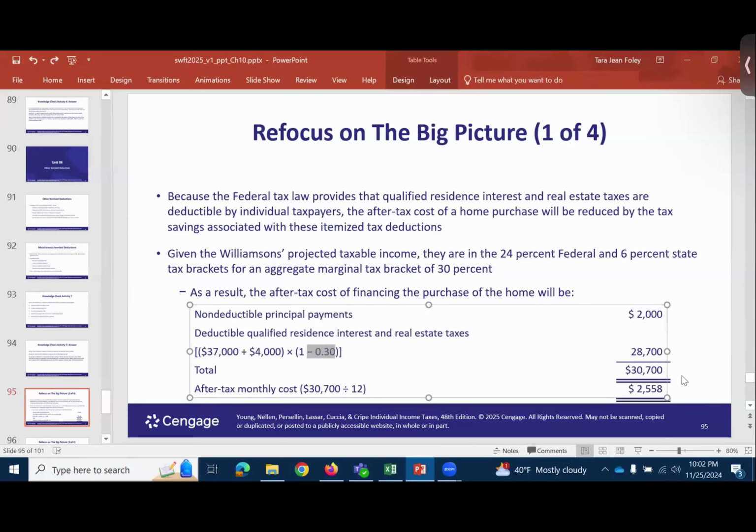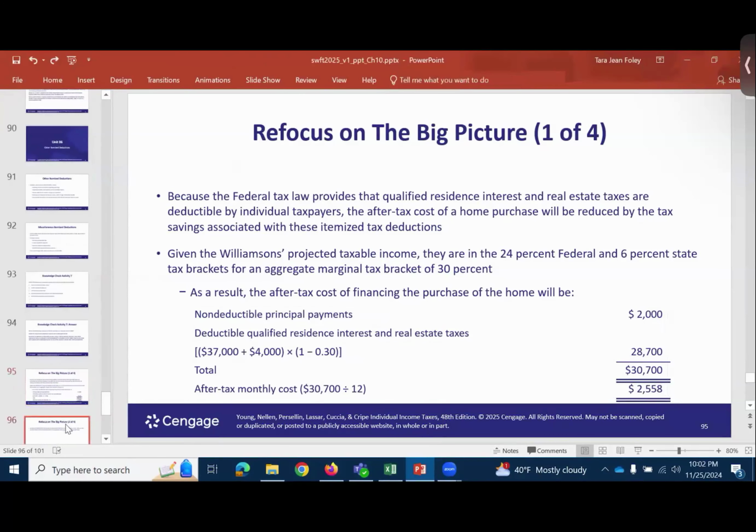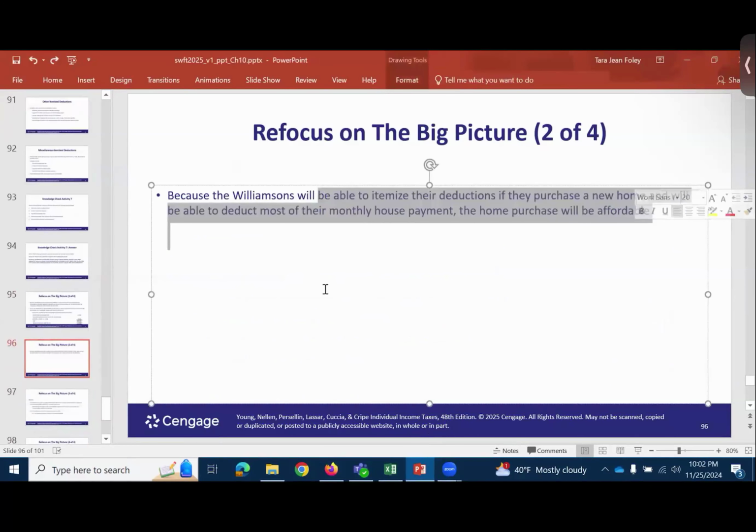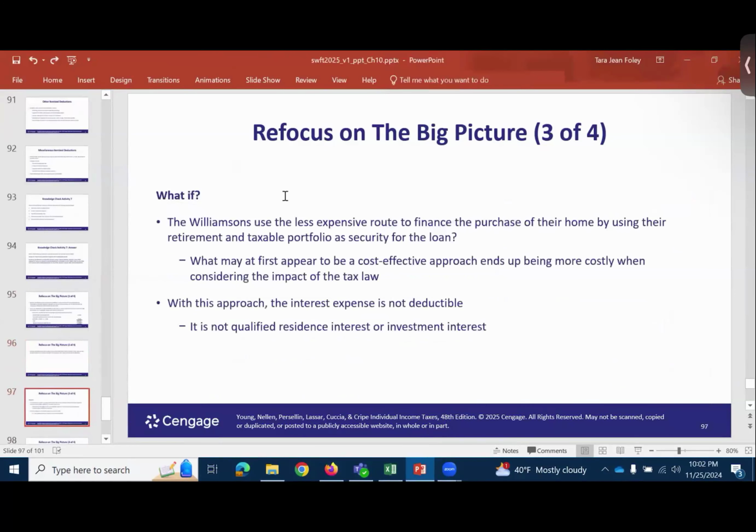So the total is 30,700. Divided by 12 is 2,558, which is less than their 2,600 they were thinking. So purchasing a home would be affordable.